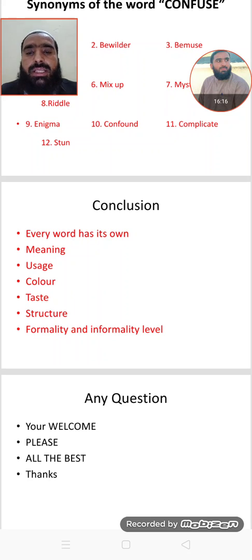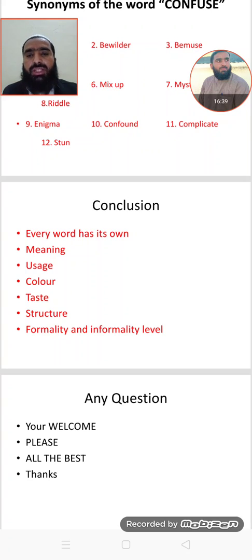So dear students, now we have concluded that every word has its own meaning, its own usage, its own color and taste, its own structure, its own formality and informality level. Although they are synonyms, there are differences in these features.